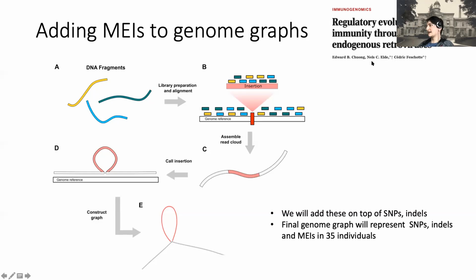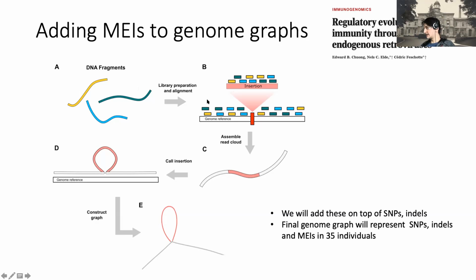So we kind of copied this hypothesis and wondered if another class of transposable element polymorphisms, ALUs, could also play a role in influenza. And we developed a special pipeline to retrieve these structural variants, resolve their sequence, and genotype every sample and construct, again, the genome graph that represents these polymorphic loci.